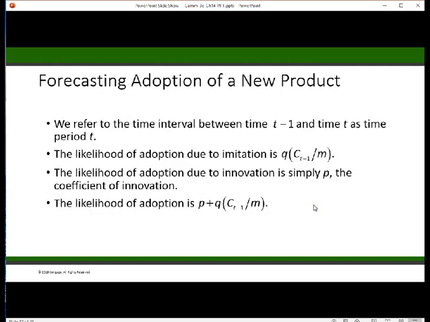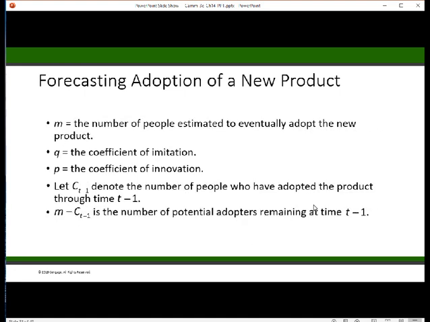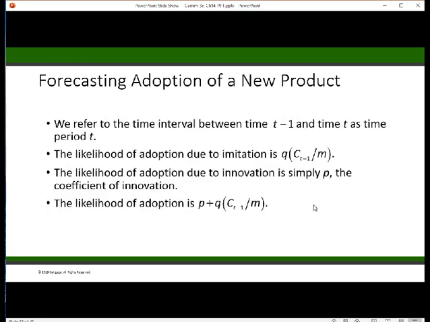So the likelihood of adoption due to imitation is going to be given by this formula, Q, and again, Q is the coefficient of imitation, and P the coefficient of innovation. And then the likelihood of adoption is P plus Q times the cumulative customers at any time divided by M.